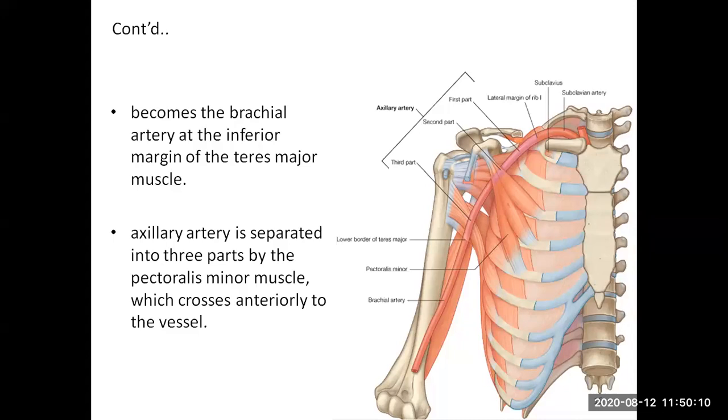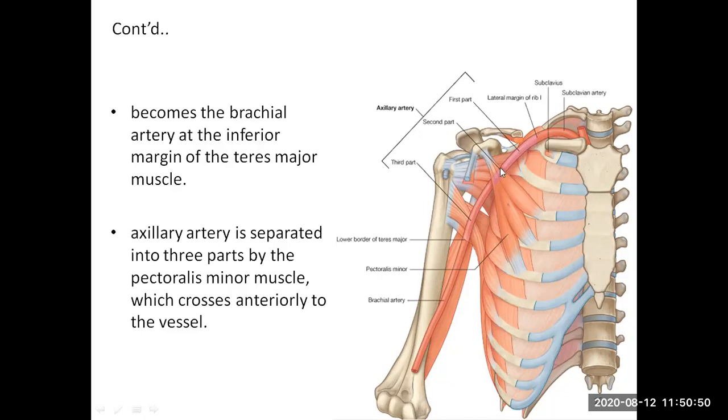By the presence of the pectoralis minor muscle in relation to the axillary artery, we divide the artery into three parts for the convenience of the study.